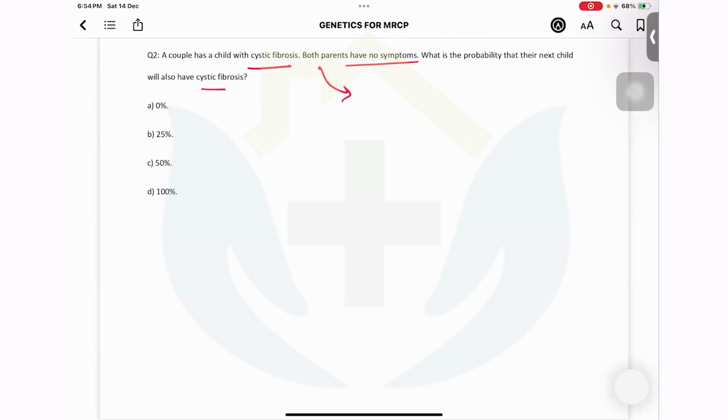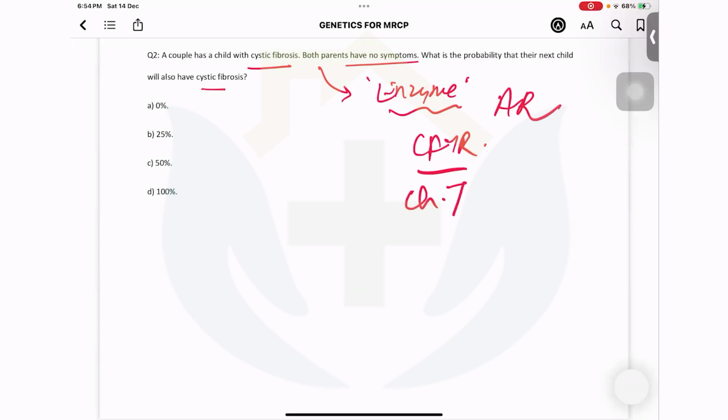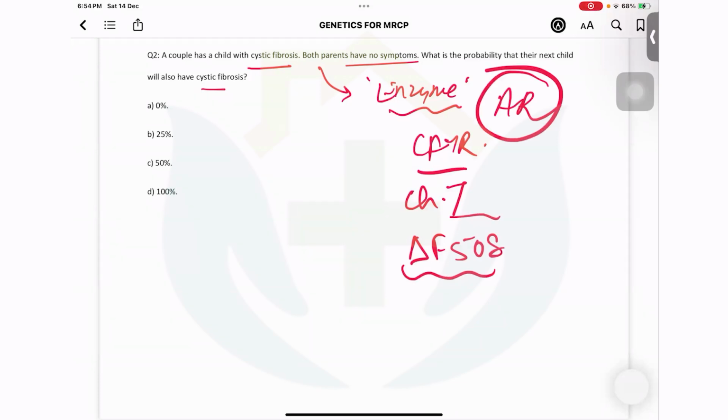It is an enzyme-based process. So last time I told you that metabolic processes are usually autosomal recessive. Structural diseases are autosomal dominant. So it is a CFTR protein deficiency, the gene is located on chromosome number 7, and it is a delta F508 mutation that occurs, which leads to this. So it is an autosomal recessive.